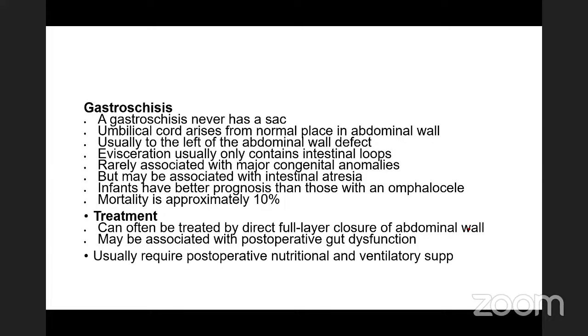Gastroschisis, of course, doesn't have a sac. The umbilical cord arises from the normal place in the anterior abdominal wall, usually to the left of the wall of the defect.